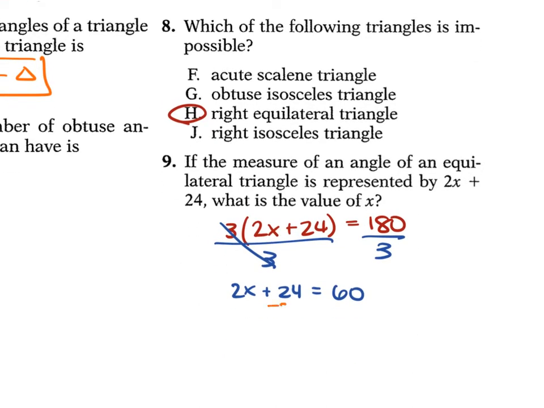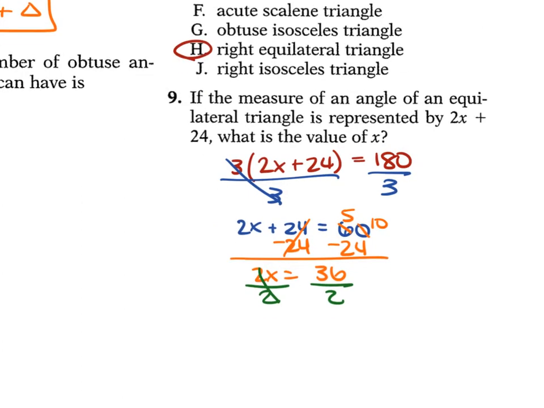Then we can subtract the 24 from each side. So 2x is equal to 36. And then we divide each side by the 2. So x is 18 degrees. What is the value of x? Yep, 18.